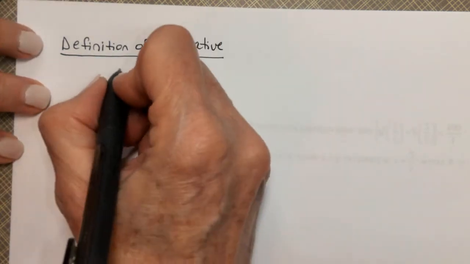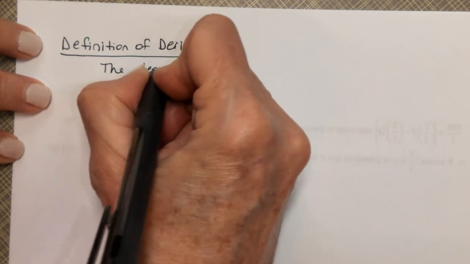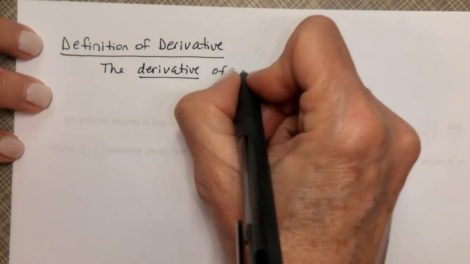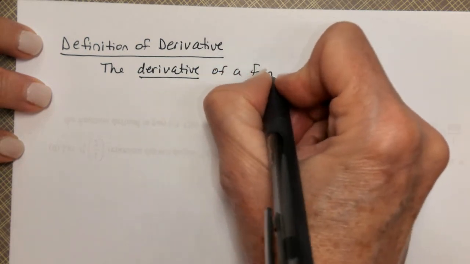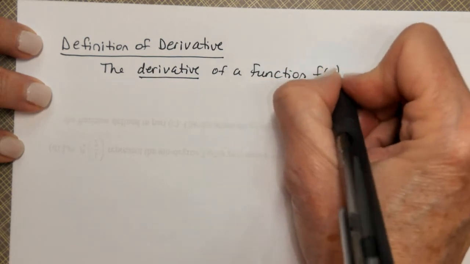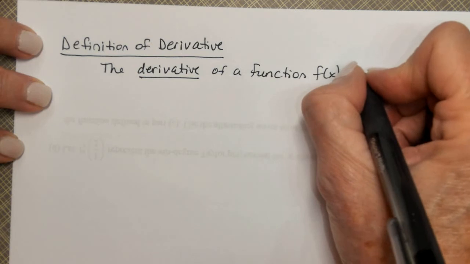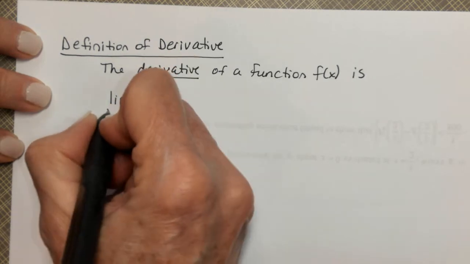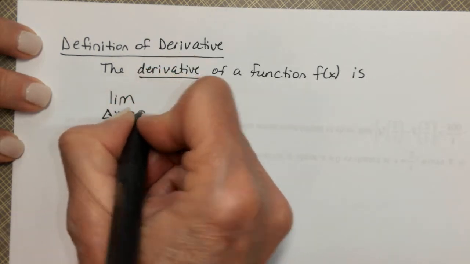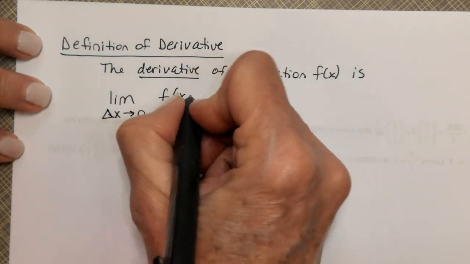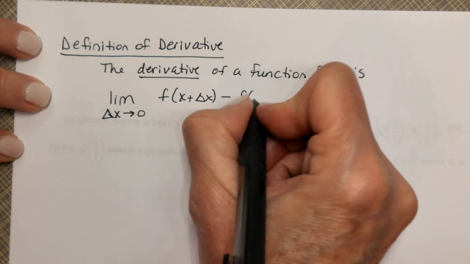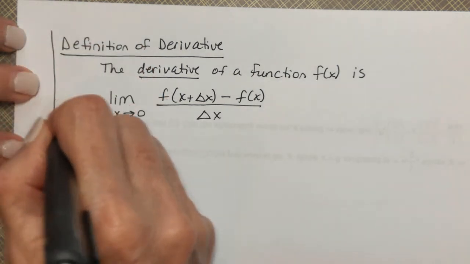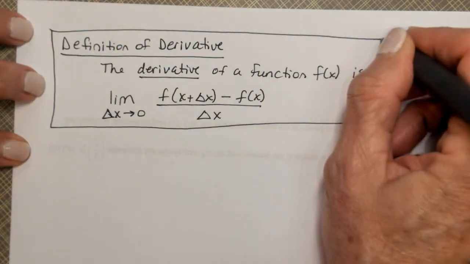The derivative of a function f of x is the limit as delta x approaches 0 of f of x plus delta x minus f of x all over delta x. That is the definition of derivative.